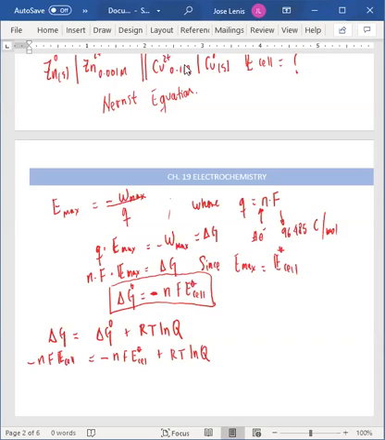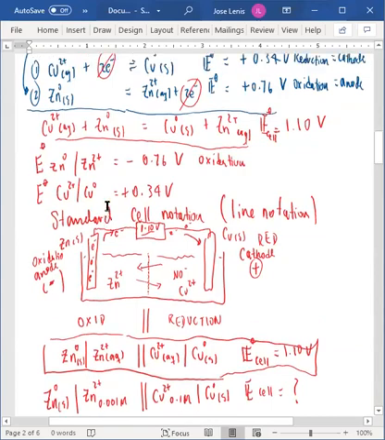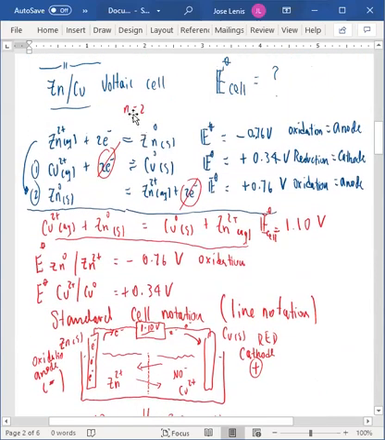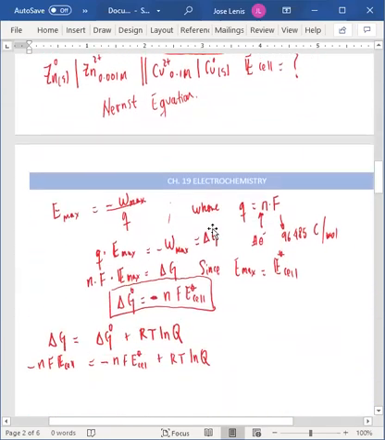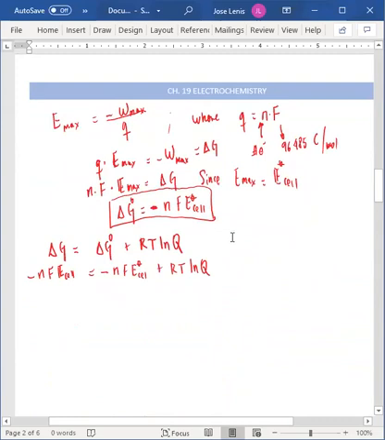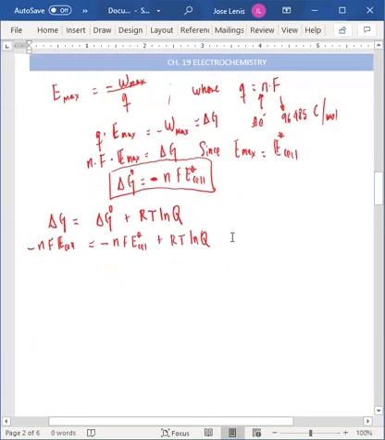So notice that NF is constant on both sides. Remember, N is the number of electrons participating in the chemical process for this reaction, and we found that N was 2 electrons. Remember from here? So from here you obtain how many electrons are participating in the process, after you balance the 2 equations.